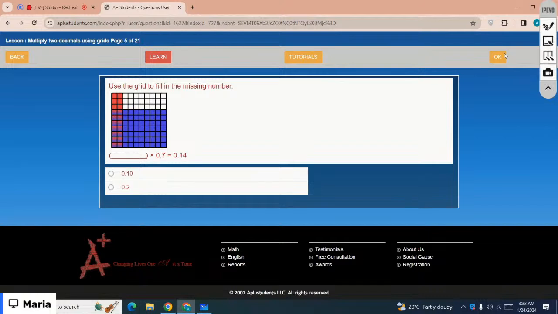Use the grid to fill in the missing number. So which is the correct option? Which is the correct option?